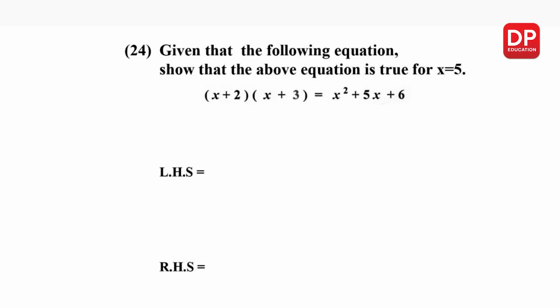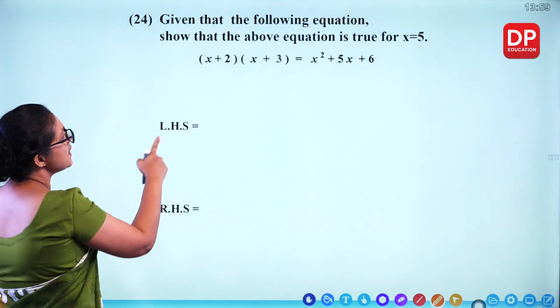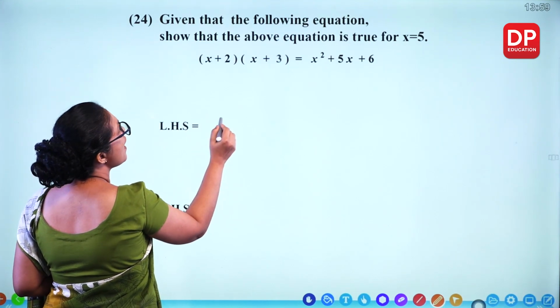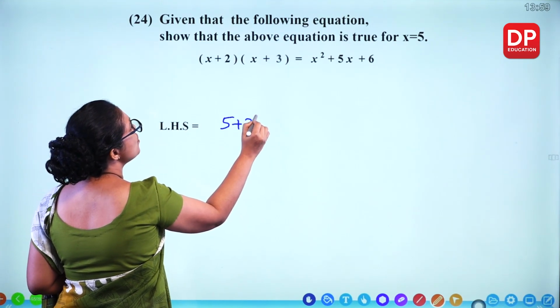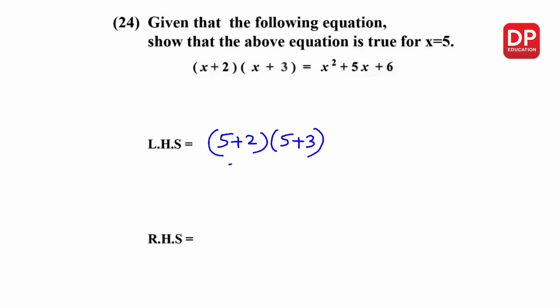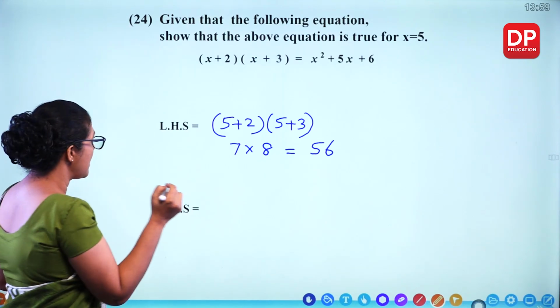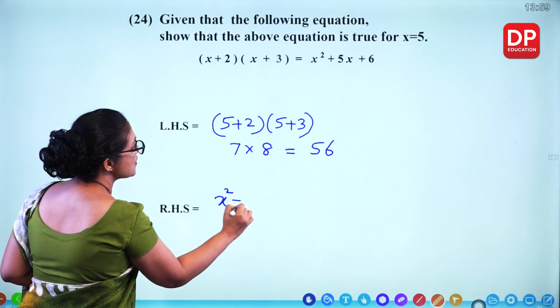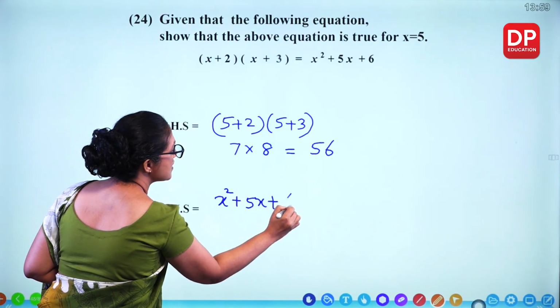Given the following equation, show that the above equation is true for x equals 5. Take the left hand side and substitute 5. 5 plus 2, 5 plus 3. 5 plus 2, 7. 5 plus 3, 8. 8 times 7, 56. Now take the right hand side. x squared plus 5x plus 6.